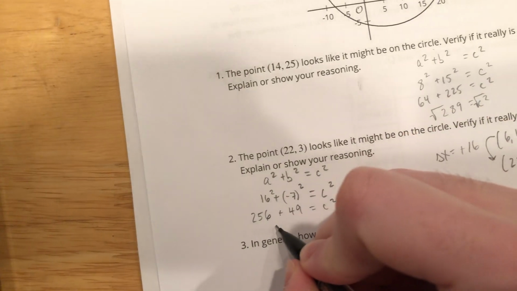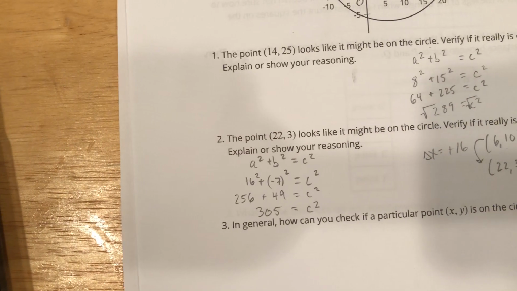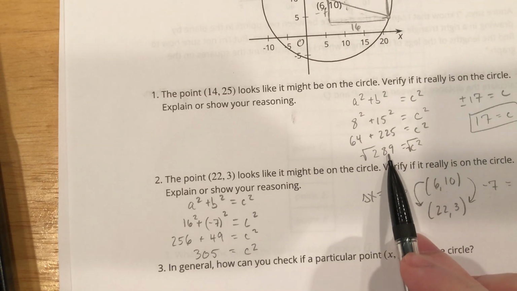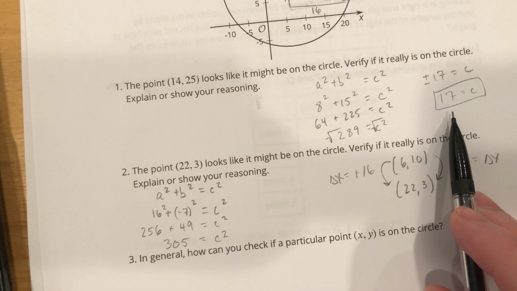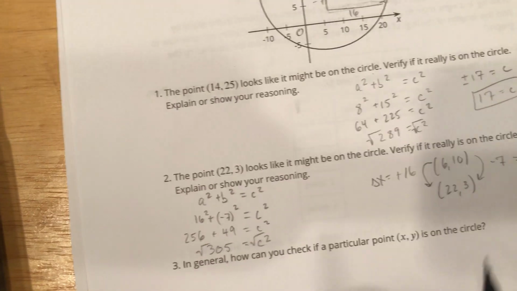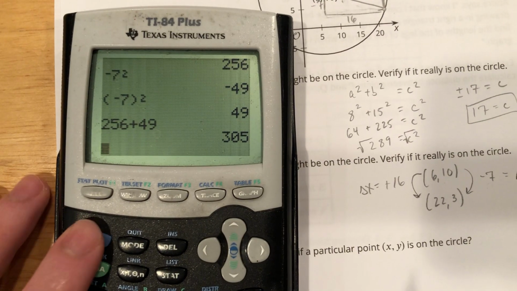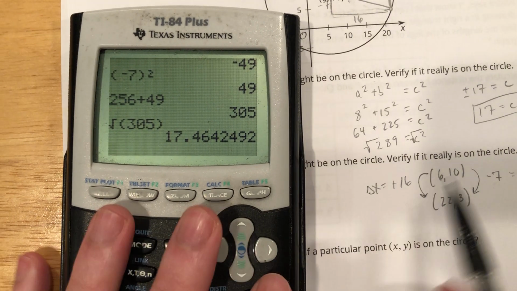305. And already I can tell this is not going to be on the circle. How can I tell that? Well, last time we had c squared equals 289, and that ended up being 17 perfectly. So if I square root this, I know it's going to be more than 17. And just to verify, I'm going to show that on the calculator. All right, we get 17.46.